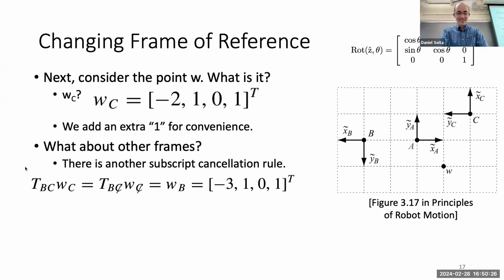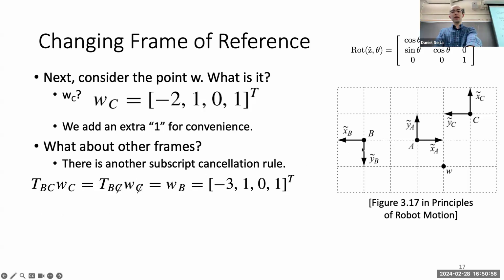So TBC times WC, W relative to frame C. If this frame is the same as the second frame here, you can cancel it out, and then you get WB, which is the coordinates of W relative to frame B.